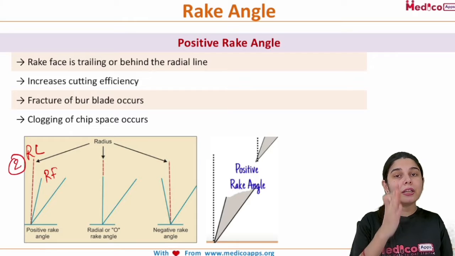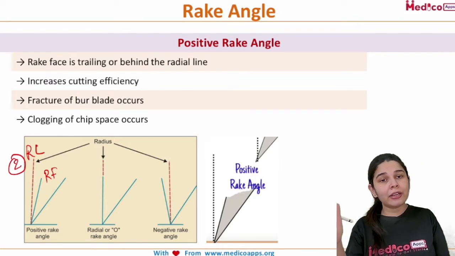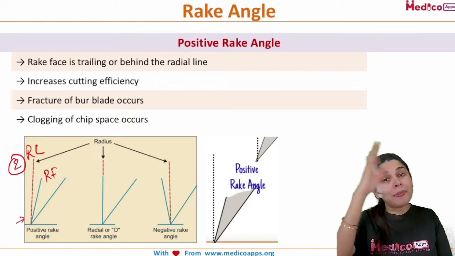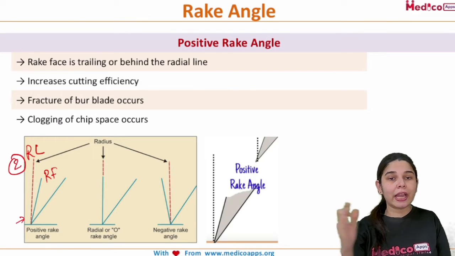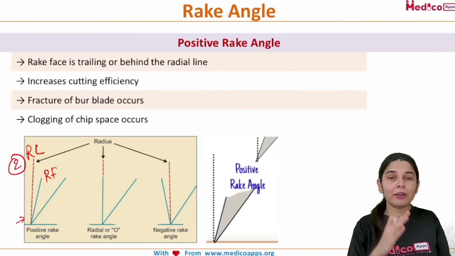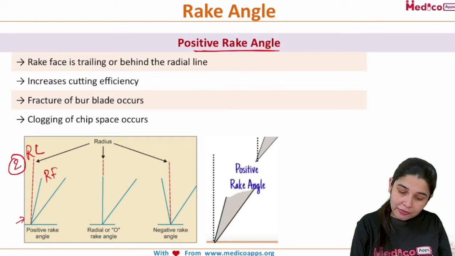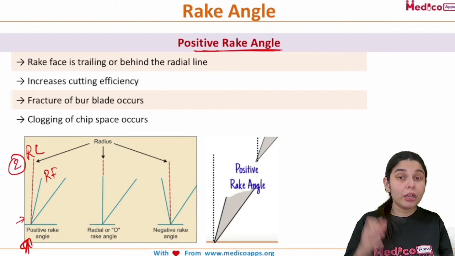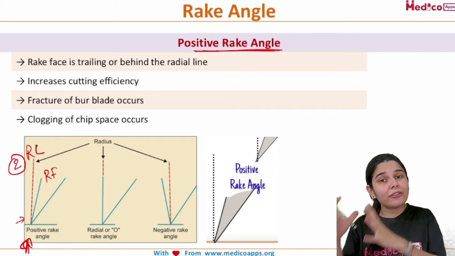So is it ahead of the radial line or is it behind the radial line? Definitely this image is showing that it is behind the radial line. If it is trailing behind the radial line, it is known as a positive rake angle. So this is an image for a positive rake angle because it is behind the radial line.